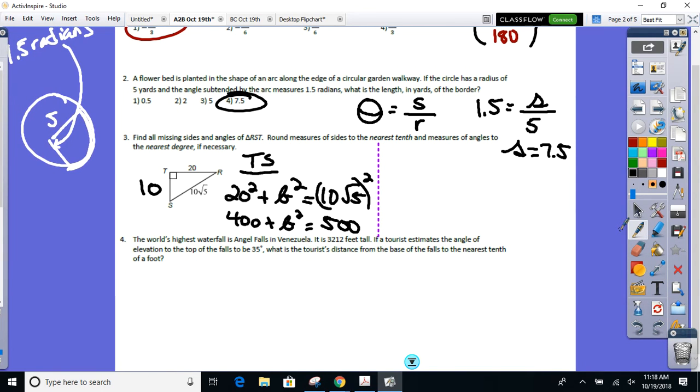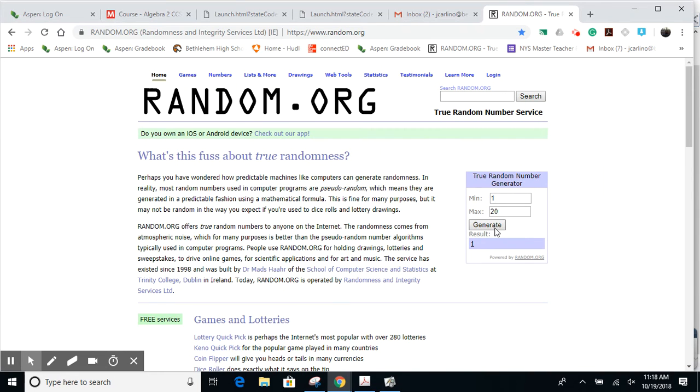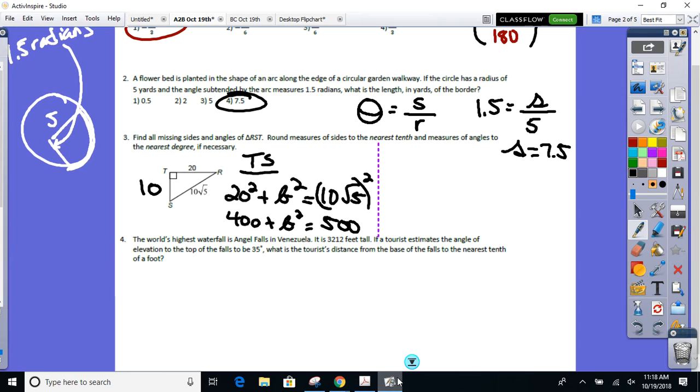What else do I need to find? Angles. Your choice. Number one, pick an angle you want to find. You got it. Angle S, everybody. Angle S is coming up. So how can I find angle S?